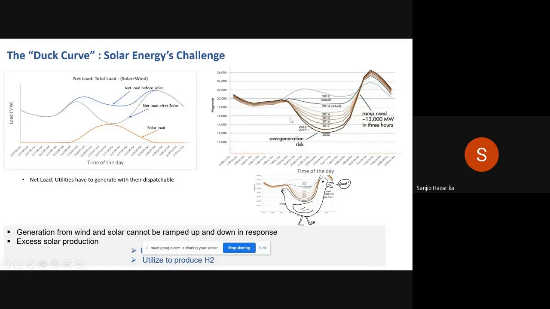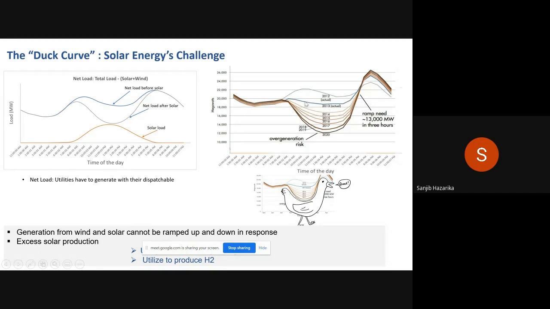If we look over a period of time on the right side, this is from a US state, I think Florida or California. It's basically the electricity demand in 2012, shown on the top. And what happened when we inserted more solar energy?